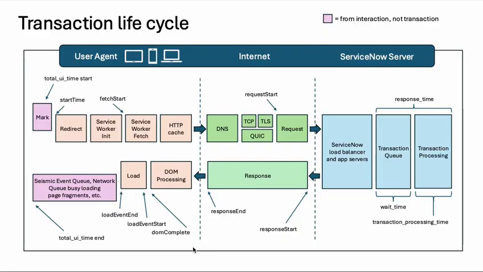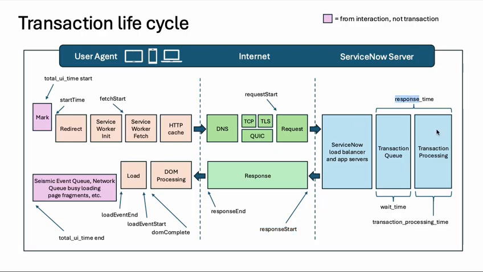We define duration as the time between fetch start and response start. Response start is basically when the first byte comes back to the browser. When the very first byte reaches the browser, we stop the timer.